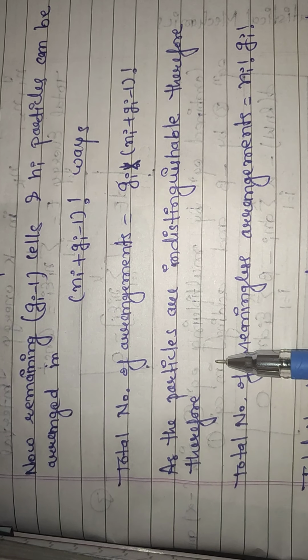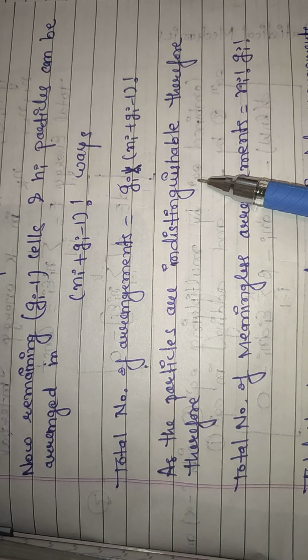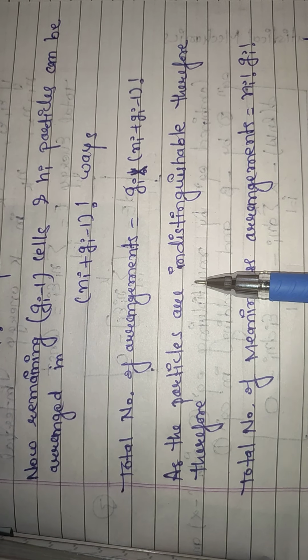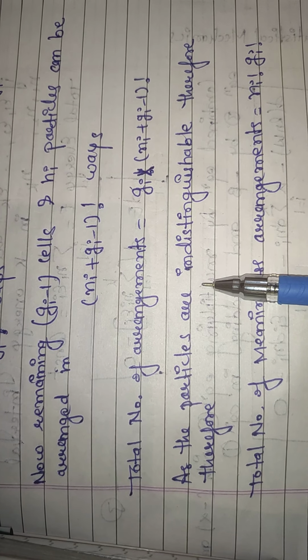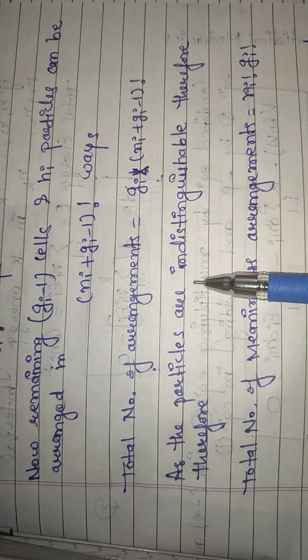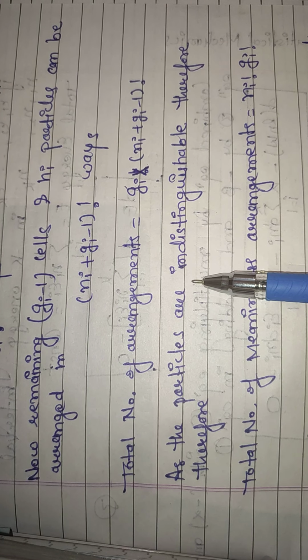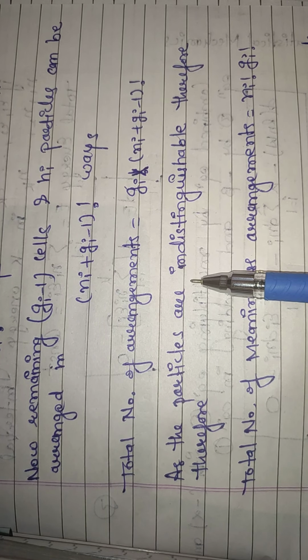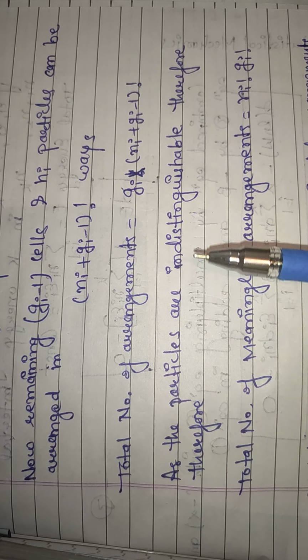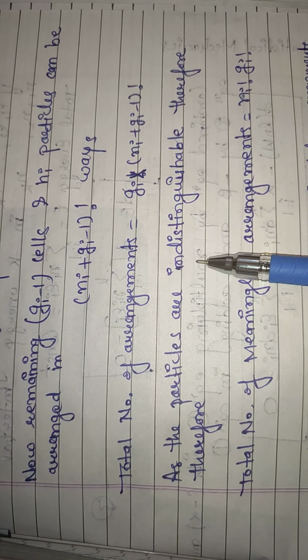Now, the particles are indistinguishable. Why? As we have learned in the basic assumptions of Bose-Einstein statistics, the particles that follow this type of statistics are indistinguishable, identical, of integral spins, you remember. Therefore, we are left with some meaningless arrangements too.